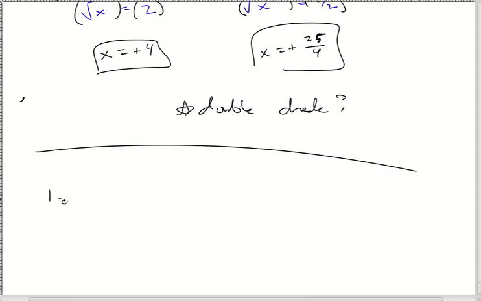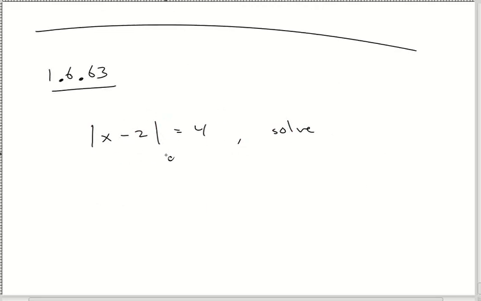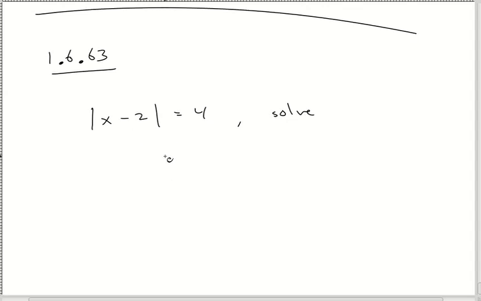Okay. 1, 6, 63. I've got the absolute value of x minus 2 is equal to 4, and they say solve for x. So, okay, hold on. Absolute value. Surely there's some kind of way to get rid of that thing, right? Do I square both sides? No. But there is an easy way that I approach this with.